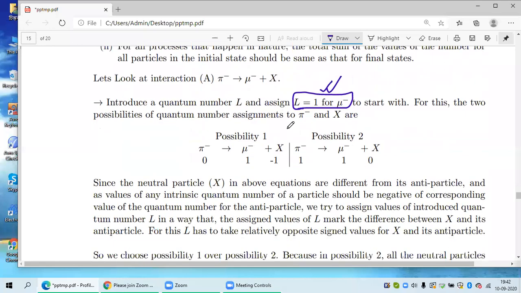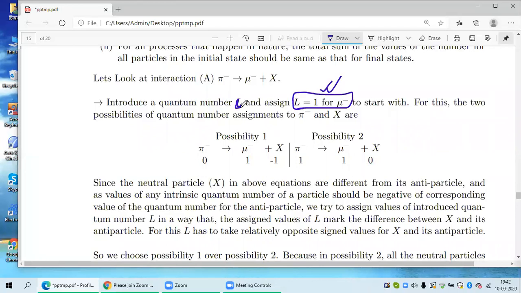Sir, our choice of assigning lepton number -1 to this also specifies that pion is not a lepton. It is getting automatically specified, I have never said that it's a lepton. To start with, there is just a number L I specified. You can call it M also. For the time being, don't call it a lepton number.